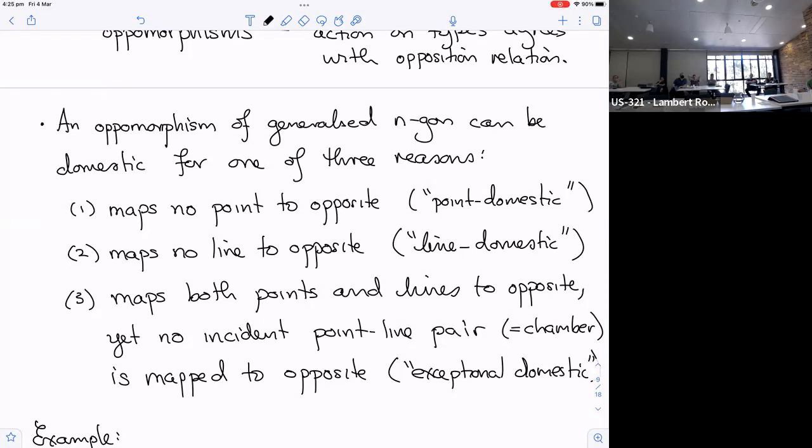So then you're certainly domestic. The second one is you map a line to an opposite. And the third one is that somewhere in the building you do map some point to an opposite, and you do map some line to an opposite, but they're never in an incident point-line pair, so you don't map a chamber to an opposite. Okay, so that third case is kind of the weird one. Points to opposites, lines to opposites, but they're never an incident point-line pair.